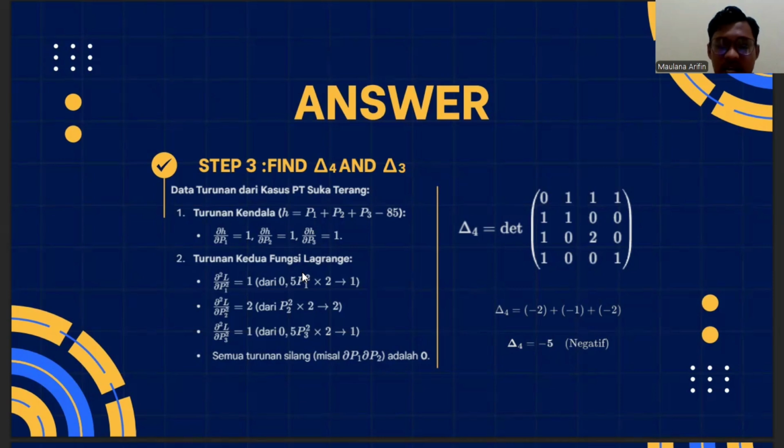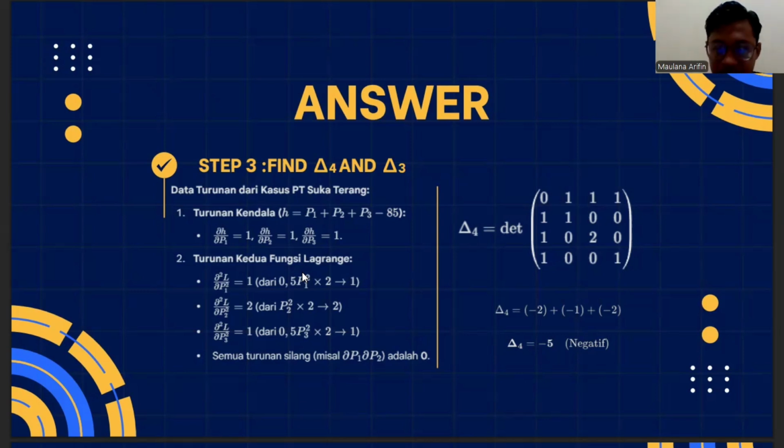So we form the matrix 4 whose determinant is: 0, 1, 1, 1, 1, 1, 0, 0, 1, 0, 2, 0, 1, 0, 0, 1. So we get the determinant: minus 2 plus minus 1 plus minus 2 equals minus 5. So the determinant of matrix 4 is negative 5.